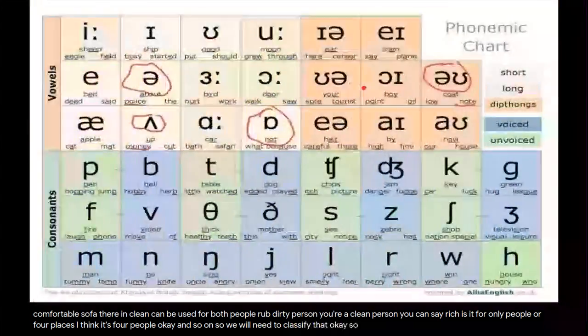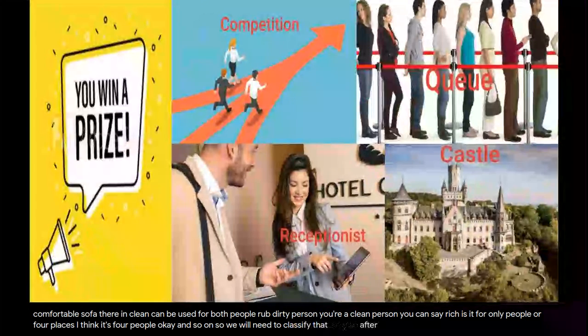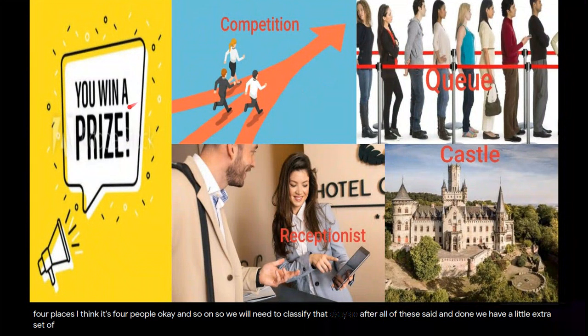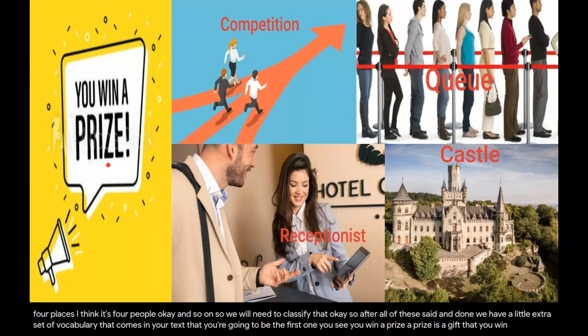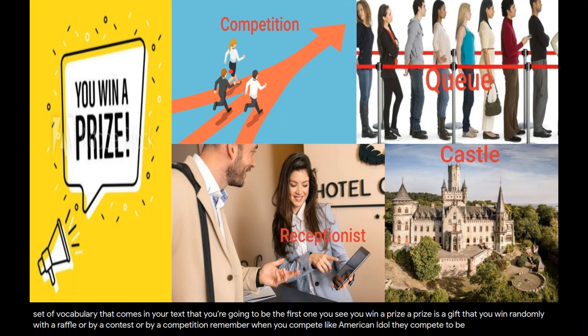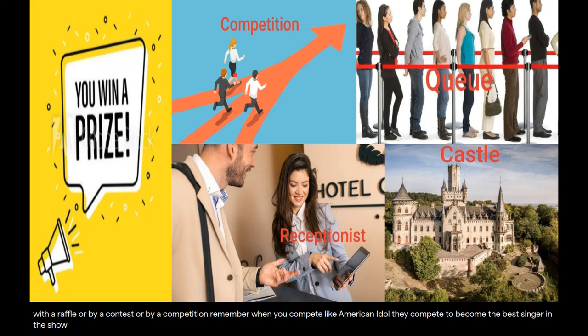Okay, so after all of this said and done, we have a little extra set of vocabulary that comes in the text that you're going to read. The first one, you win a prize. A prize is a gift that you win randomly with a raffle, or by a contest or a competition. Remember when you compete, like American Idol, they compete to become the best singer in the show, or La Academia.